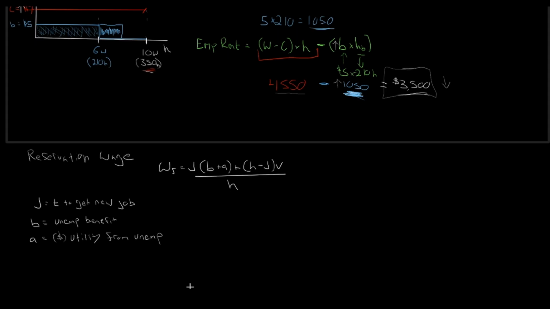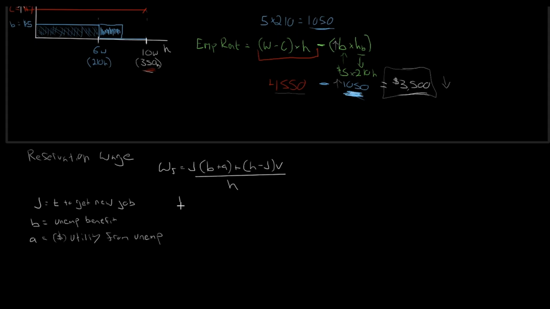There may be social pressures, there may be social stigma. There could be plenty of negative reasons why you don't want to be unemployed. So again, A could be positive, you're happier being unemployed, or there are benefits for being unemployed. It could also on the whole be a negative to you due to social stigma and the rest. So keep that in mind: A could be positive or negative.